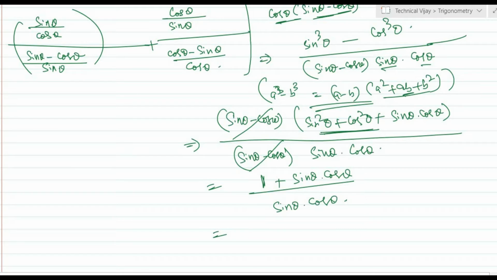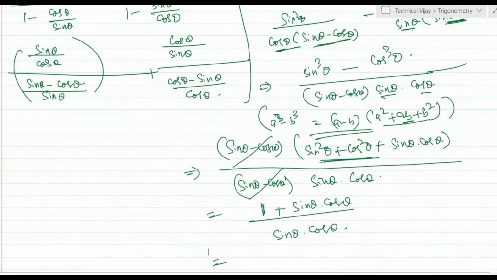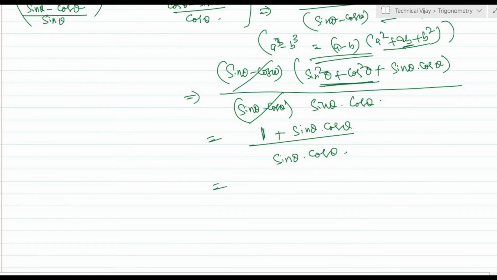So here this can be written as, what is the RHS? You see here 1 plus secant theta into cosecant theta. So here this can be written as 1 divided by sin theta into cos theta plus sin theta cos theta divided by sin theta into cos theta. Okay, this gets cancelled.